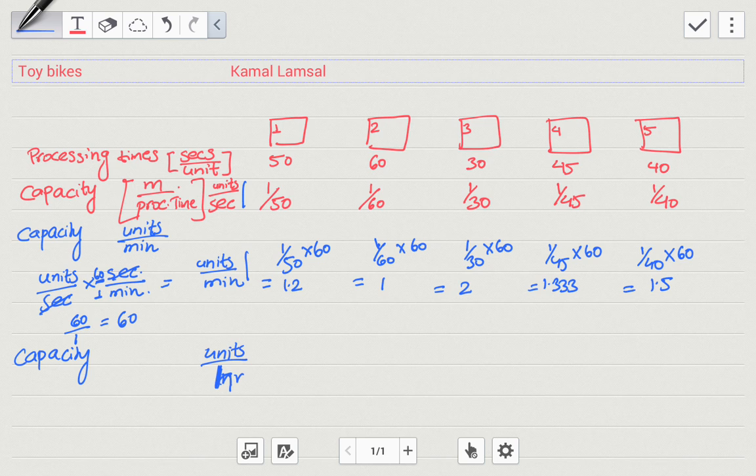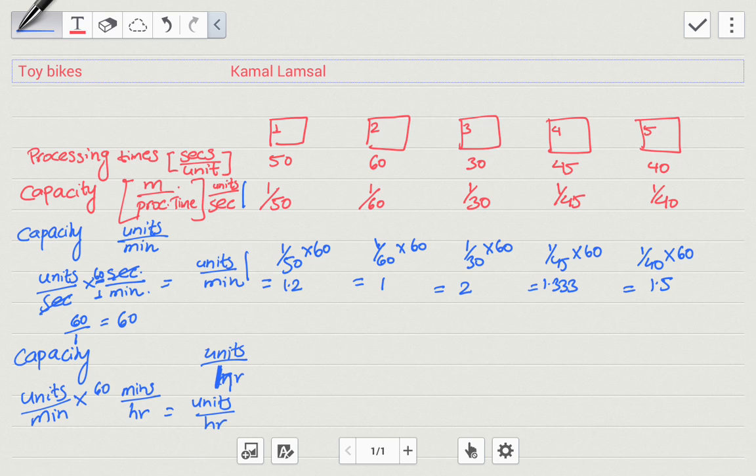To go from units per minute to units per hour, again we can do the same exercise. We have units per minute and we want to reach units per hour. We have minutes at the bottom and we want to get rid of minutes. So we have to introduce minutes on the top. We want to introduce hour, so we need hour at the bottom.